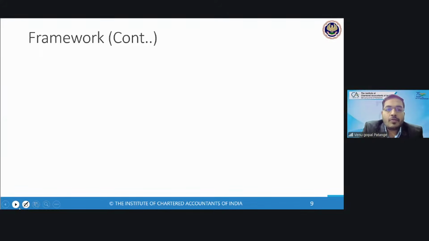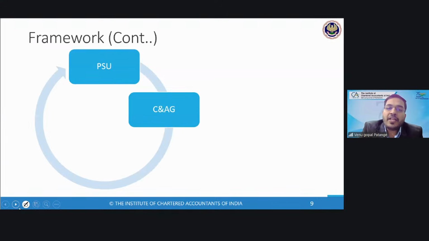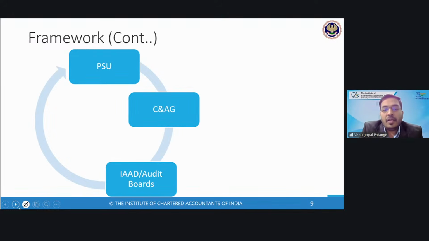Next, let us see. PSU audit is done by C&AG through IAAD, right? We know what is IAAD. So under IAAD there are audit boards. Who are these boards?